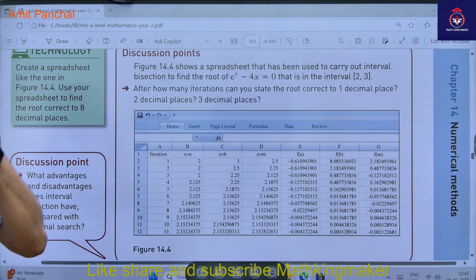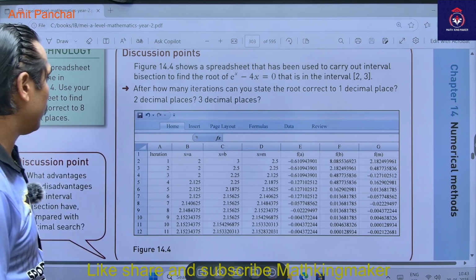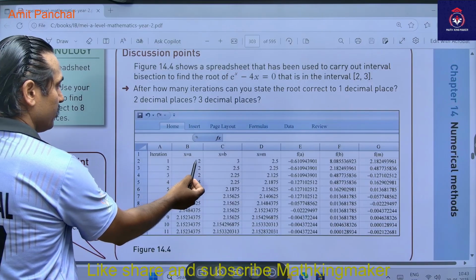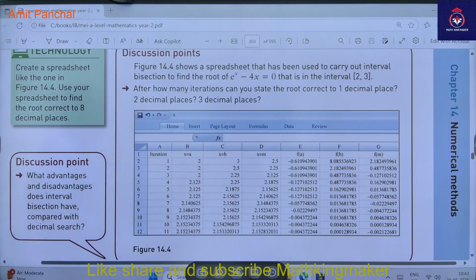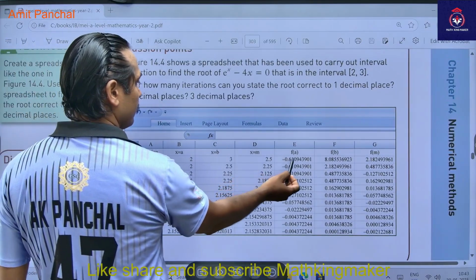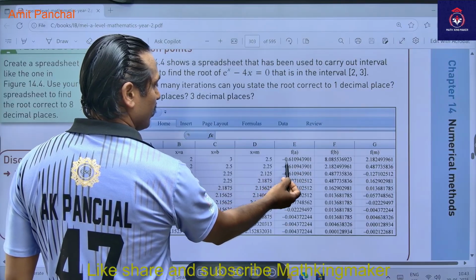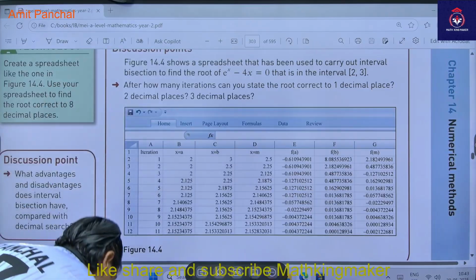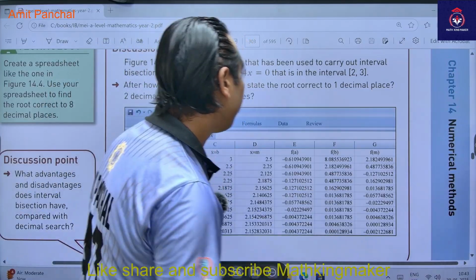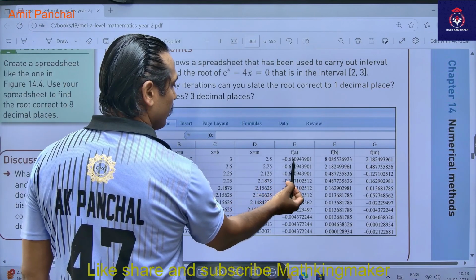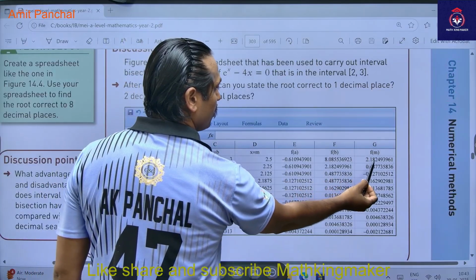This process is called iteration. In the first iteration, you find the root between 2 and 3, and the midpoint is 2.5. At A you are getting a negative value, at B a positive value, and at the midpoint also a positive value.